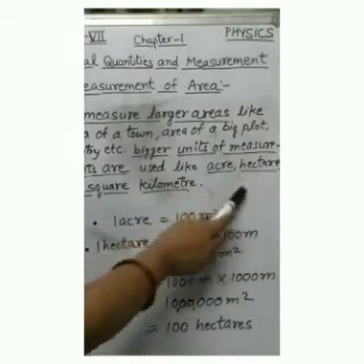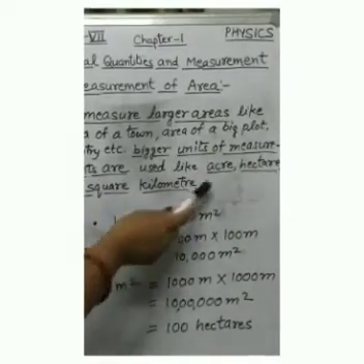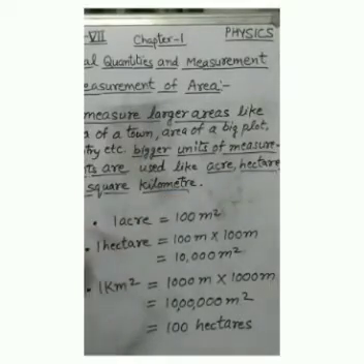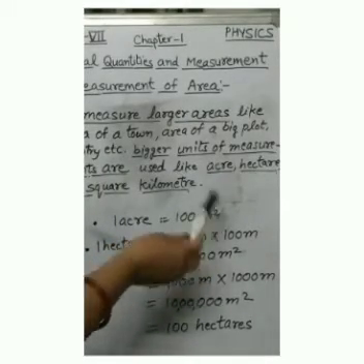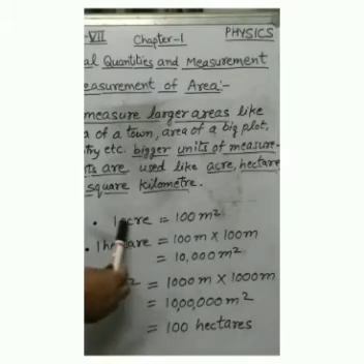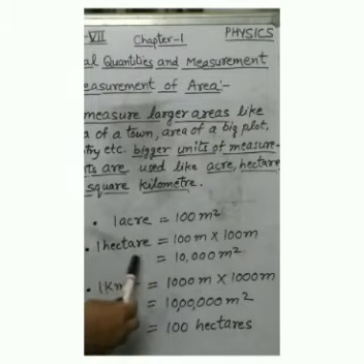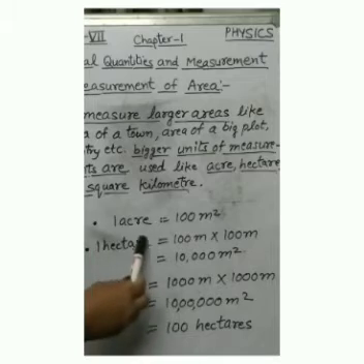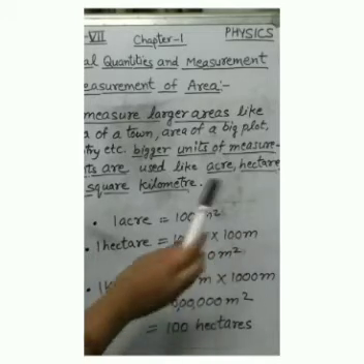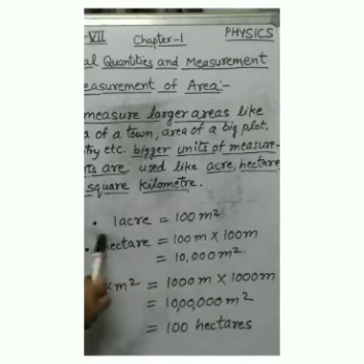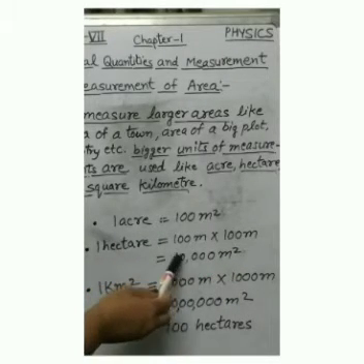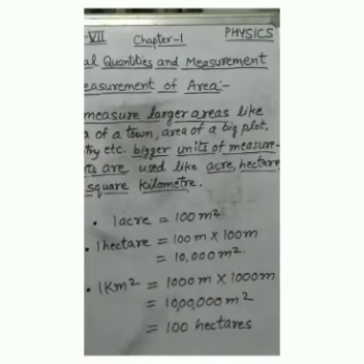And the relationship between these units are 1 acre is equal to 100 square meter, and 1 hectare is equal to 100 meter into 100 meter. It will become 10,000 square meter. So 1 hectare is equal to 10,000 square meter.